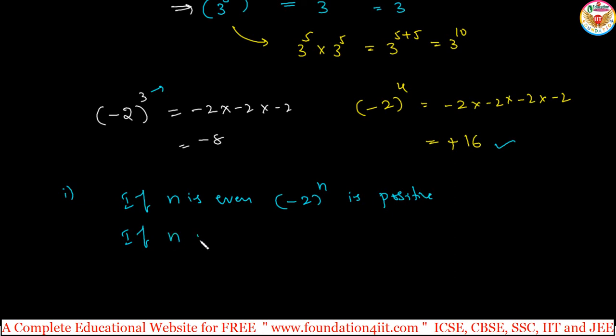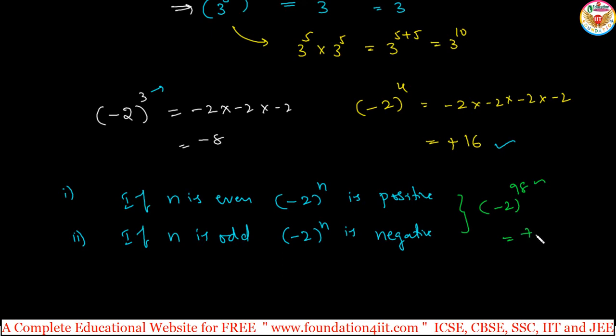And second rule, if n is odd, then minus 2 to the power n is negative. In the problems they may ask questions like this. For example, minus 2 to the power 98. Is it positive or negative? We should not multiply minus 2 98 times. Because n is even, it is directly a positive value.